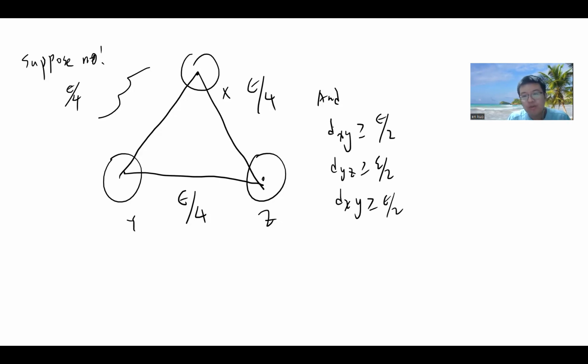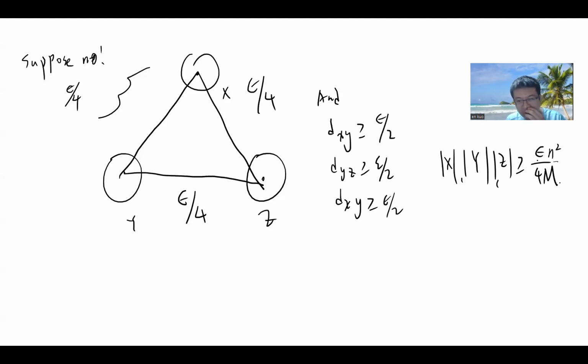And we also know that the parts are large enough. So the sizes of x, y and z are at least epsilon n divided by 4m.